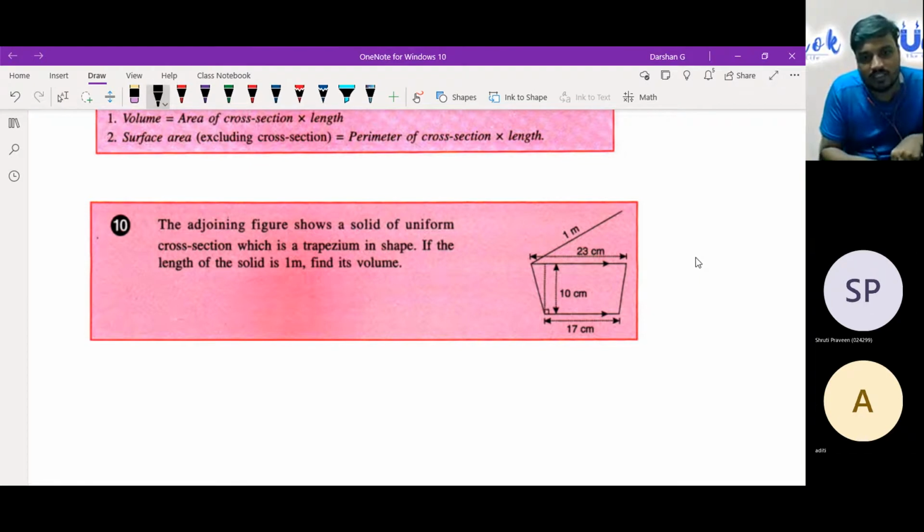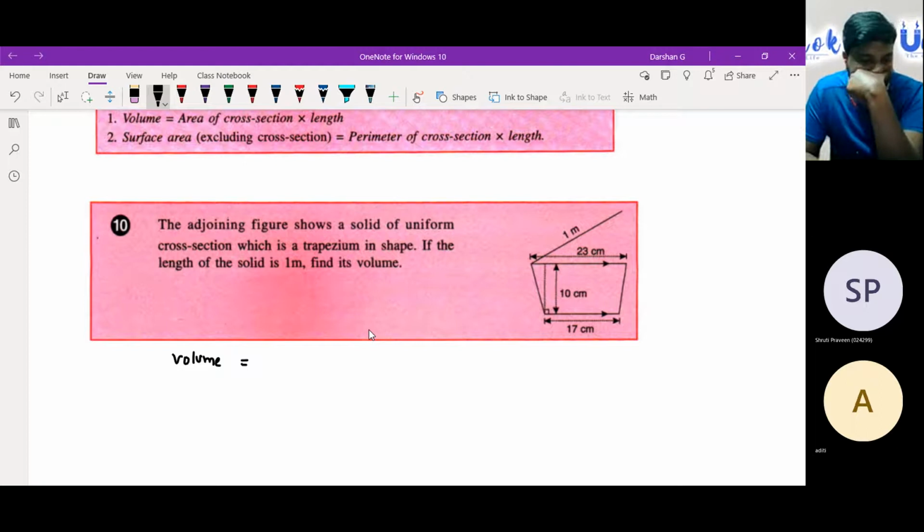I'll give 2 minutes. This is a very simple one. Please try and do it and get the answer right.